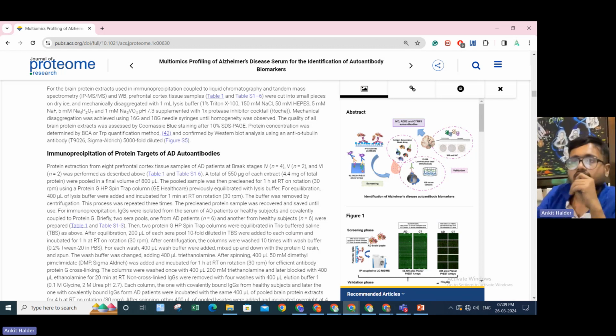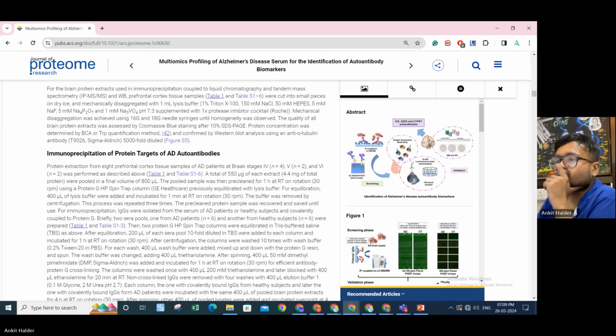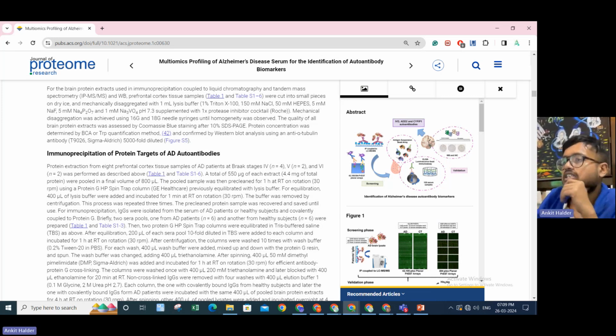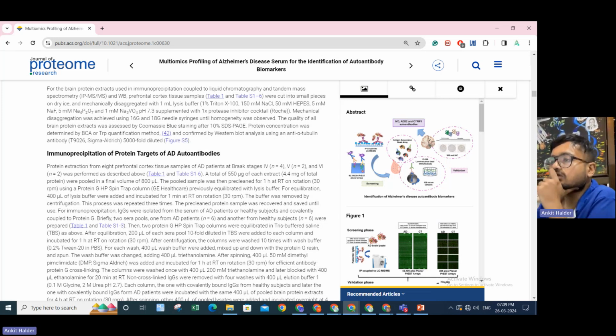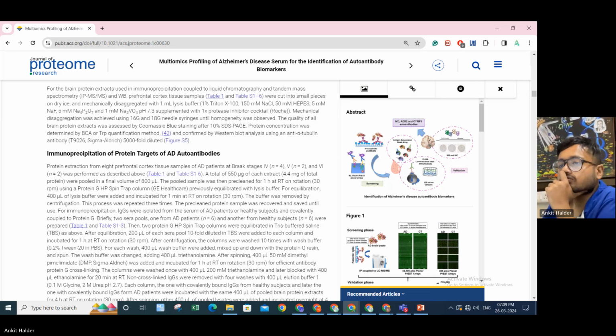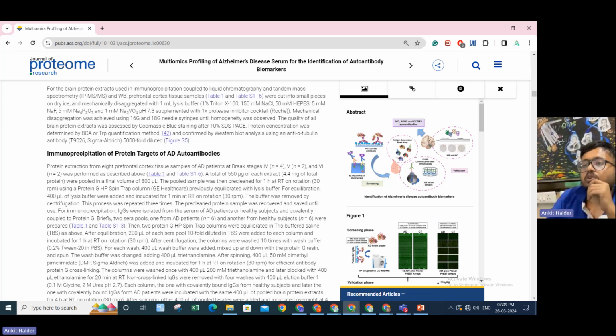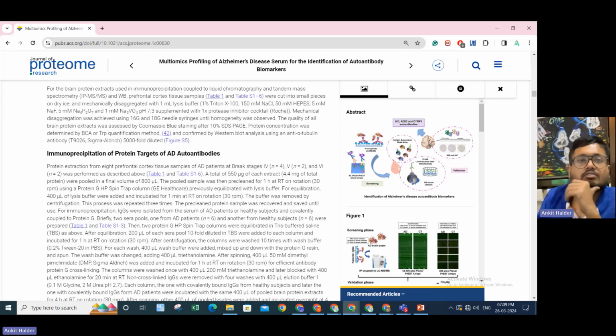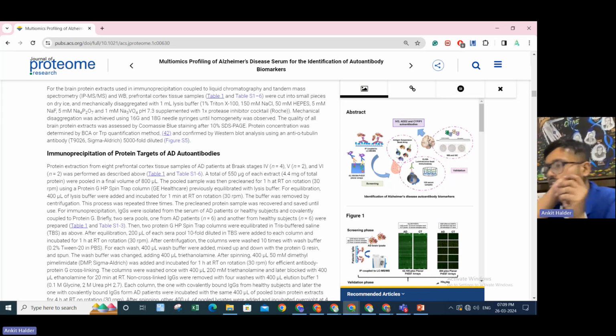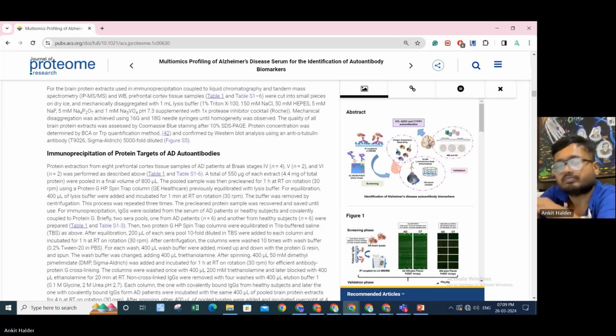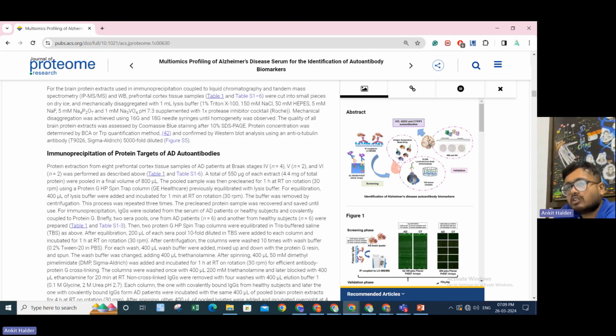So let us check once again from the first thing. Using planar arrays and IP-MS/MS, these are the high confidence proteins that have been identified after IP coupled to LC-MS/MS for autoantibody profiling.